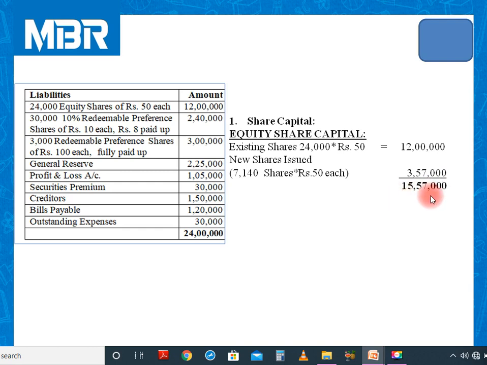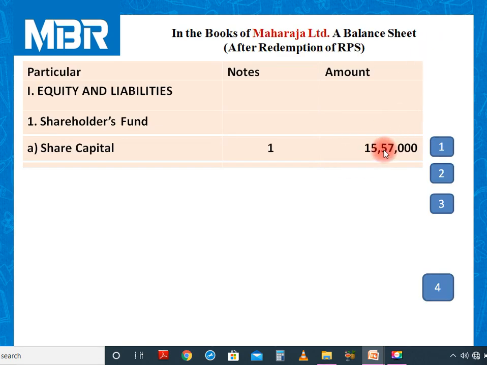So total share capital of the company is rupees 15,57,000. Preference shares type 1 redeemed, preference shares type 2 redeemed. It means as the amount is already redeemed to RPS holders, now it is not included in share capital of the new balance sheet. So this figure is derived from note number 1.